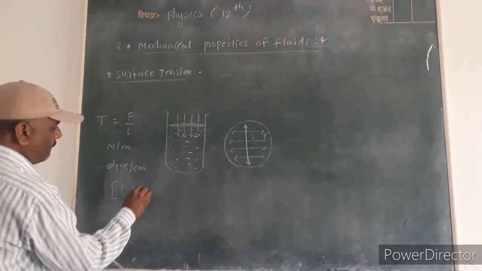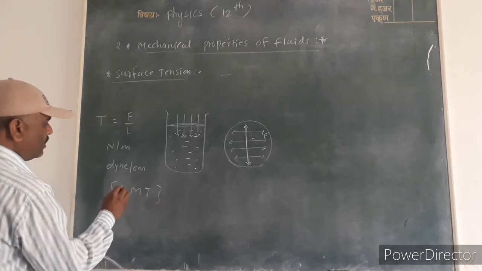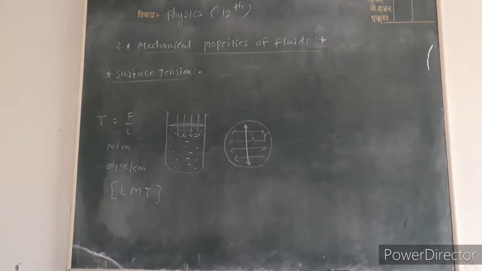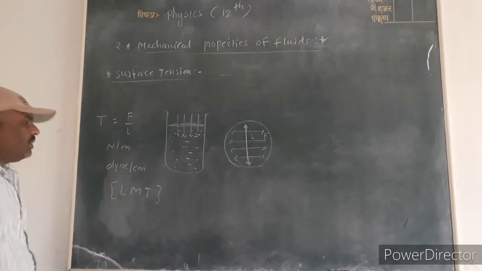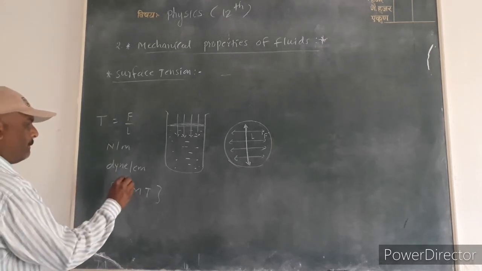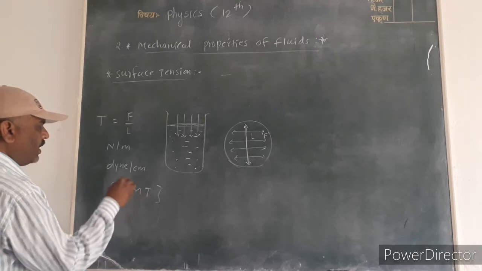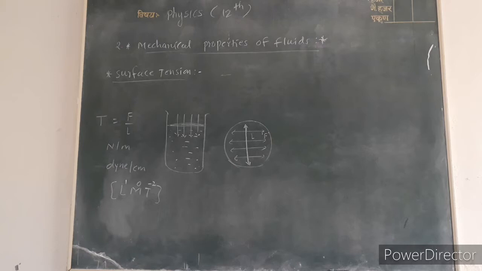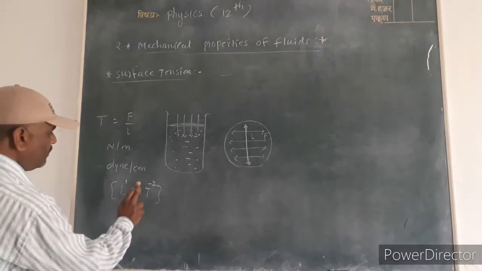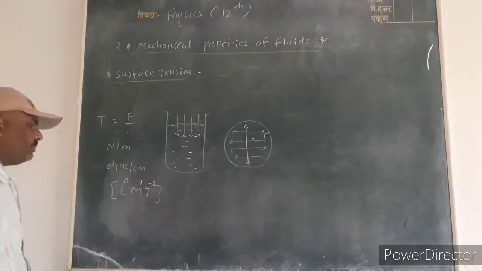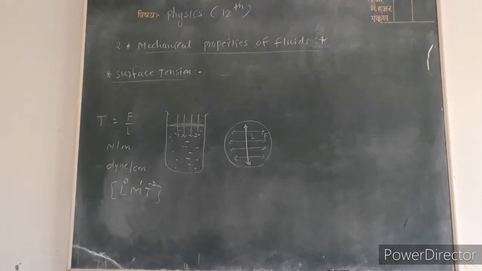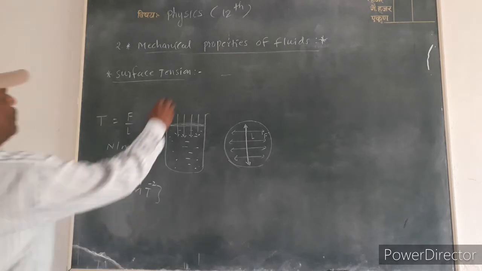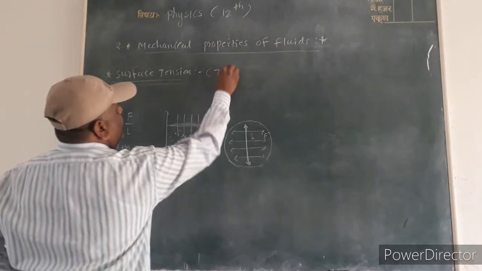The dimension of surface tension is Newton per meter, hence M1 L0 T minus 2. This is the dimension formula of surface tension.